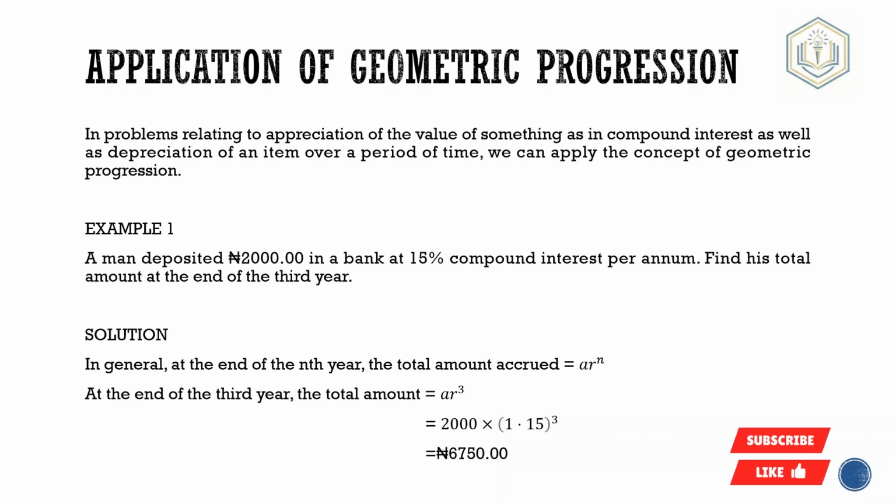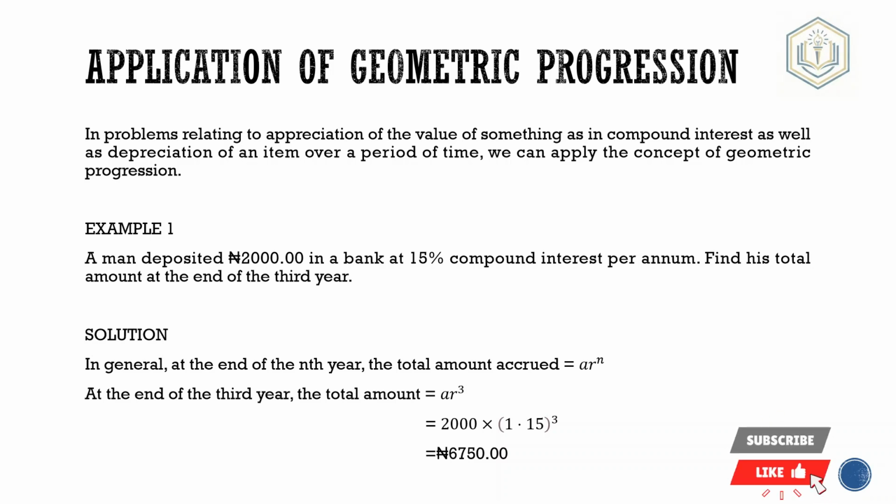In general, at the end of the nth year, the total amount accrued is going to be the initial payment times the common ratio. The first payment is 100%. Each year, 15% is added.